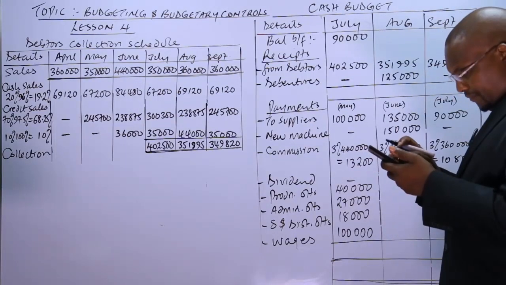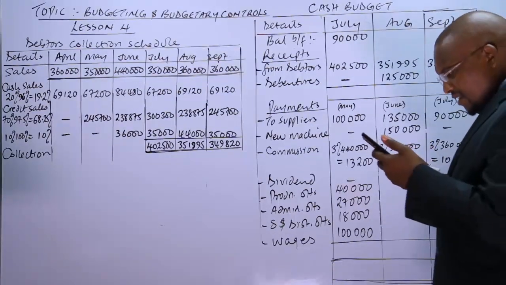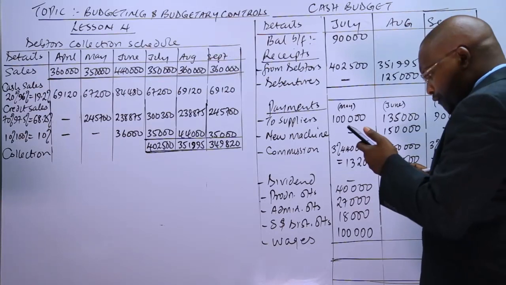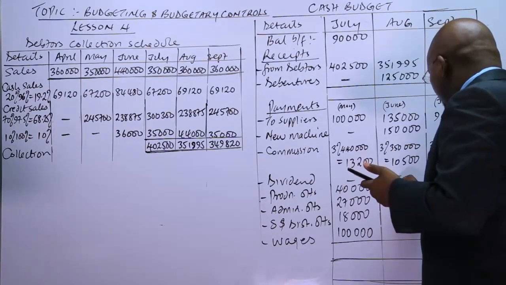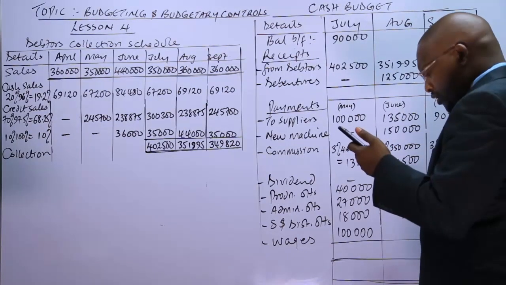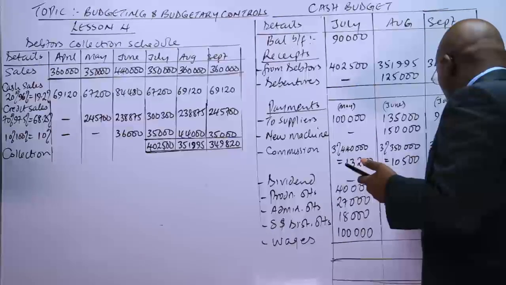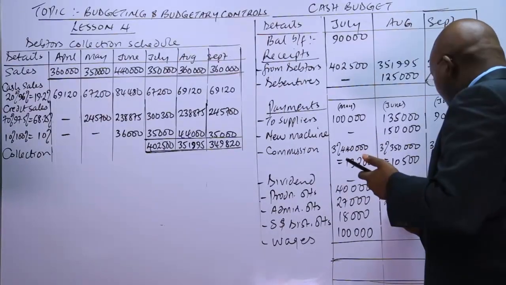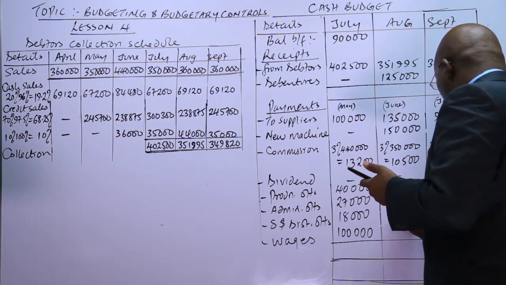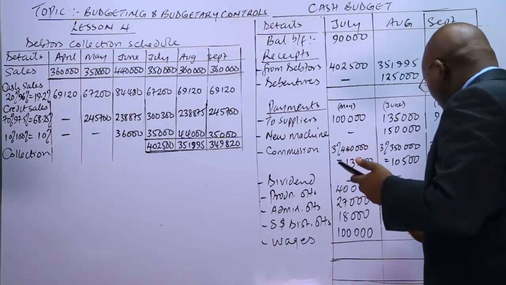Then for July, the same category, record 45,000, 22,000, 13,000, and wages of 72,000.